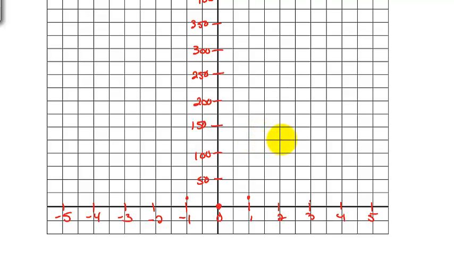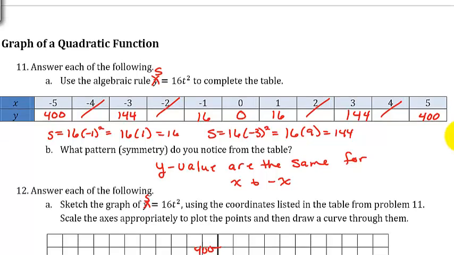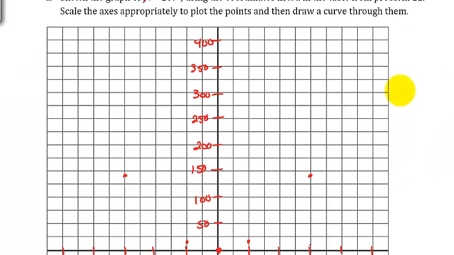So this would be 25, so 144 is pretty close to 150 there. See if I can get that in the right place. And then we had 5, 400. Whoops, put that in the wrong spot. Right there, and negative 5, 400.